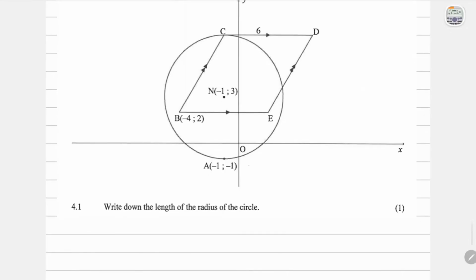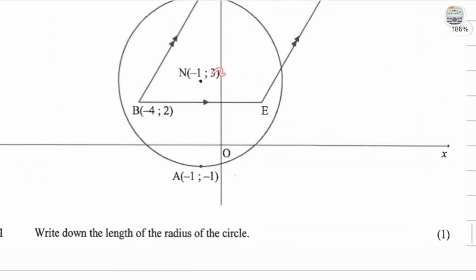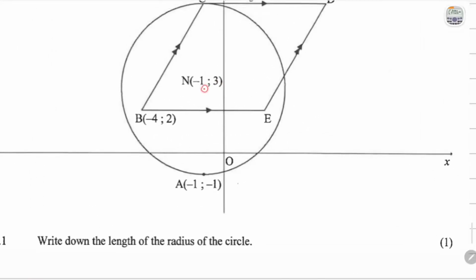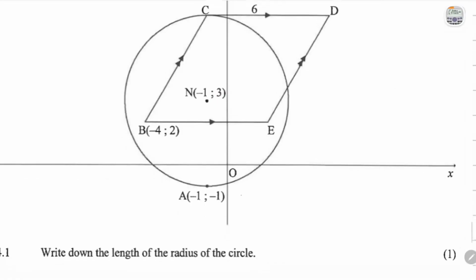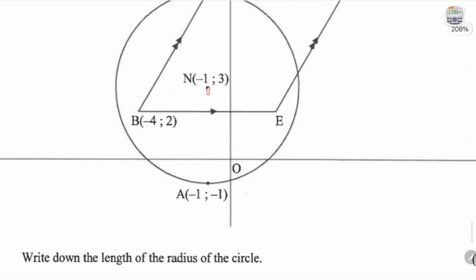Okay, so to find the radius, we know that the radius goes from the center of the circle to the circumference. But these 2 points, you can see that they share the same x value, -1 and -1, meaning this is a vertical line. So to find the length of this line, you don't need the distance formula.